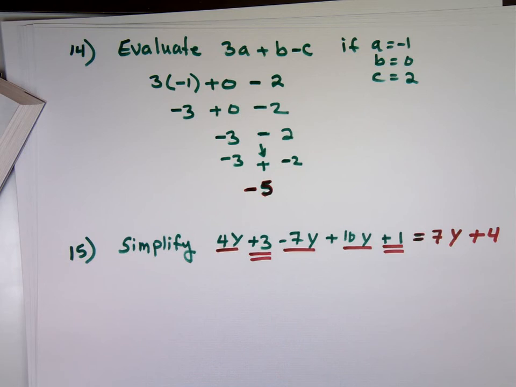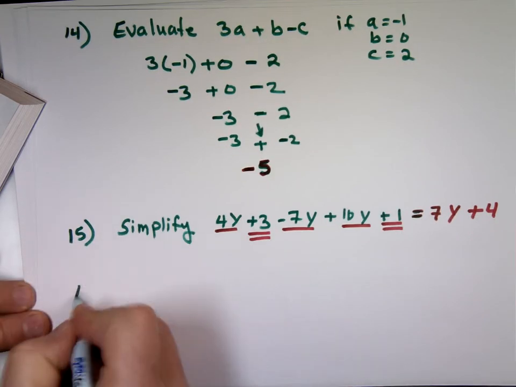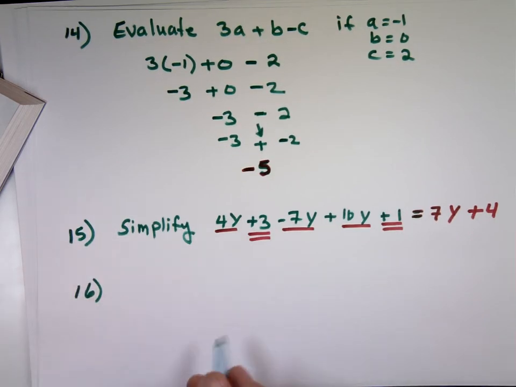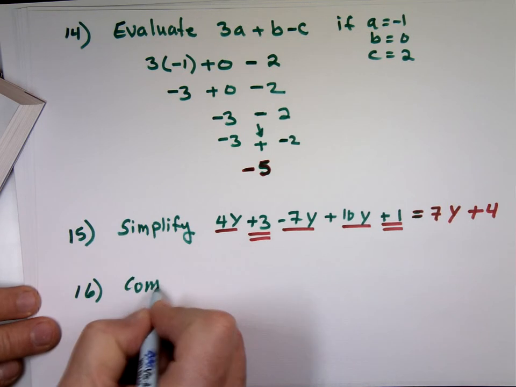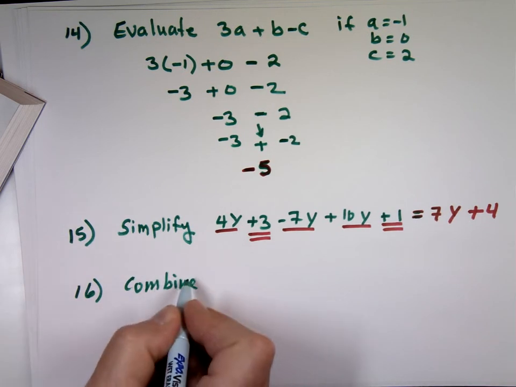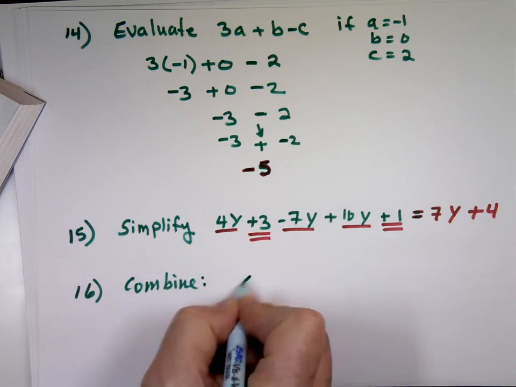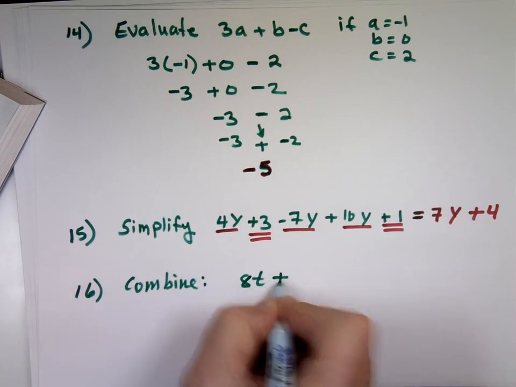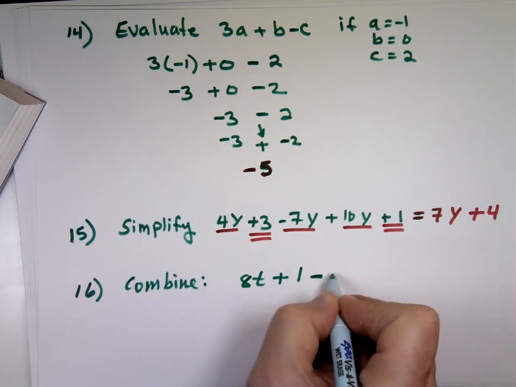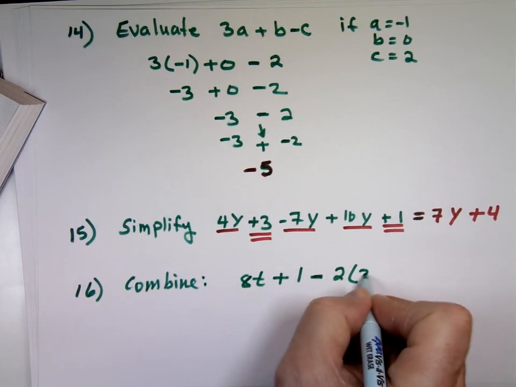I'll do one more. Then I gotta verify who's here. Combine 8t plus 1 minus 2 times 3t minus 1.